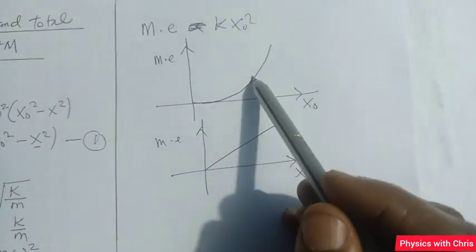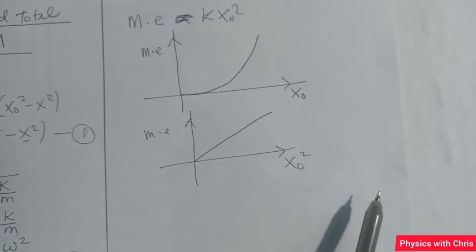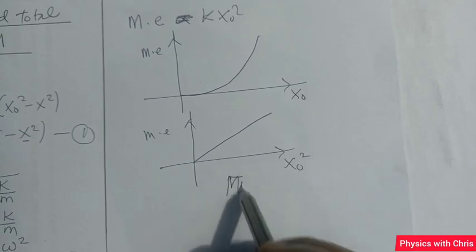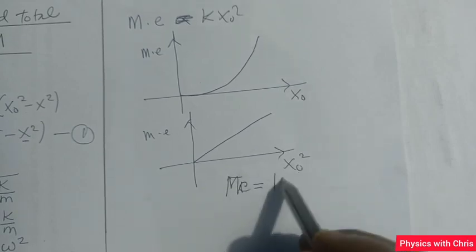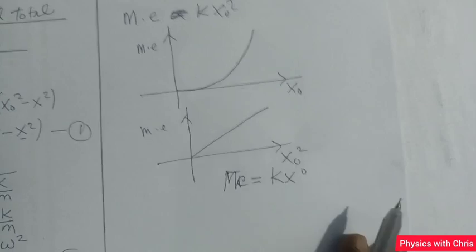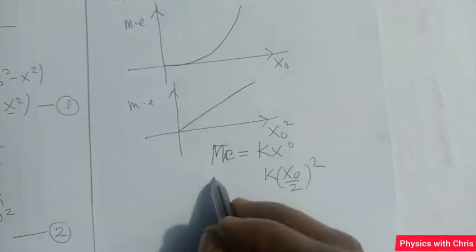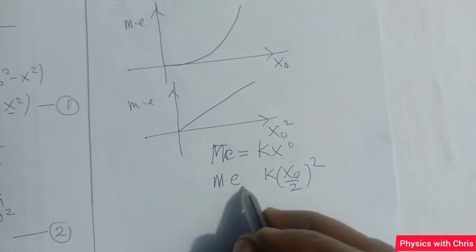And you can see how it varies non-linearly, meaning that suppose the amplitude is reduced by half. Let's say this is my total energy, ME, which is equal to k times x naught squared. If the amplitude reduces by half, I have k times x naught over 2, all squared. What happens to the total energy? Let's call that ME1.